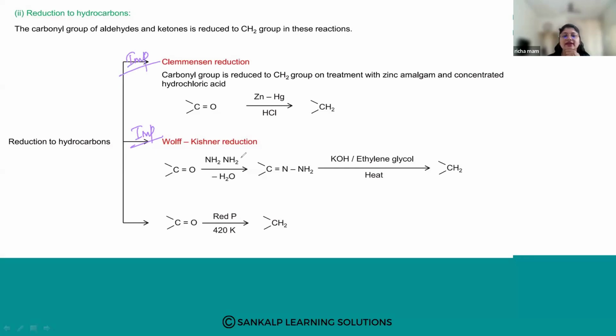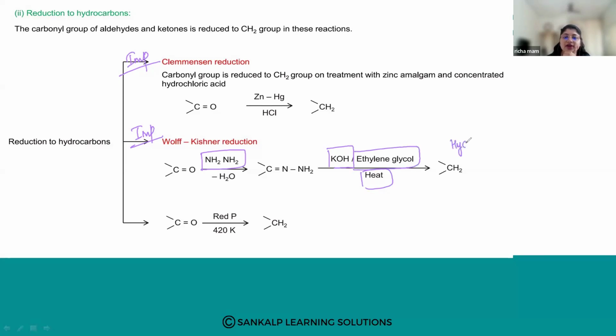In Wolff-Kishner reduction, what are we doing? Aldehydes and ketones are treated with hydrazine, NH2NH2. Then we heat it with sodium or potassium hydroxide in the presence of ethylene glycol.